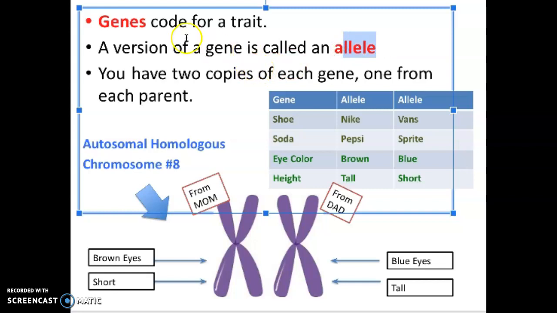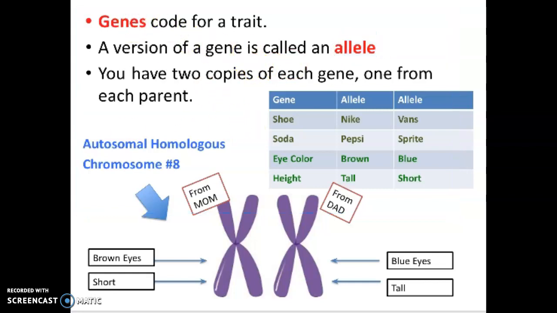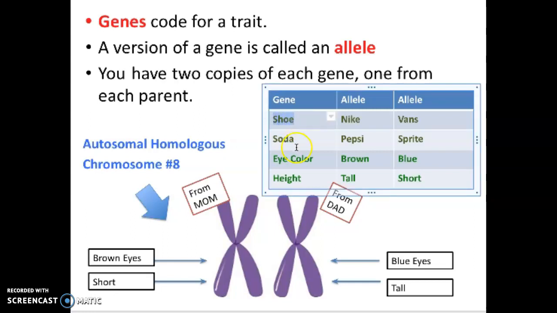To help you understand the difference between genes and alleles, I came up with a series of analogies. We also need to understand that each allele comes from each parent, one from each parent to be precise. So, for example, shoe is very generic. It's very broad, right? If we have a gene for shoe, then the alleles will be Nike and Vans because they're types of shoes.